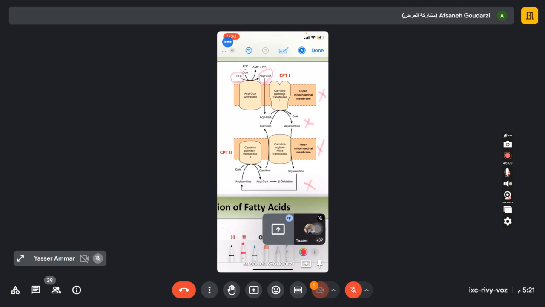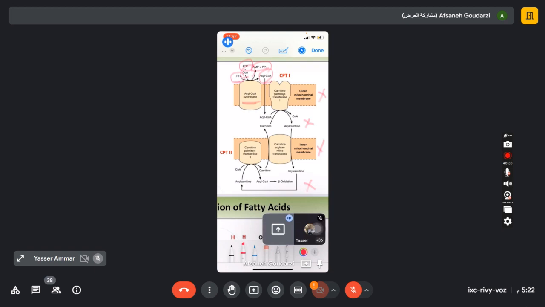We need to have energy. ATP is changed to AMP. This is equal to 2 molecules of ATP. We add coenzyme A as well. The enzyme responsible for changing FFA to acyl-CoA is known as acyl-CoA synthetase, located in the outer mitochondrial membrane.